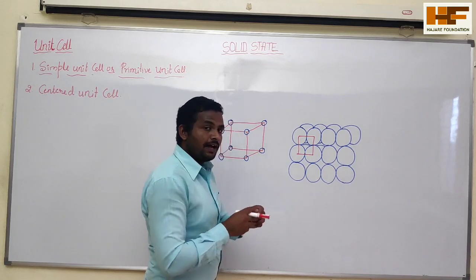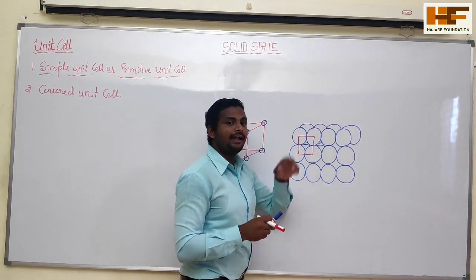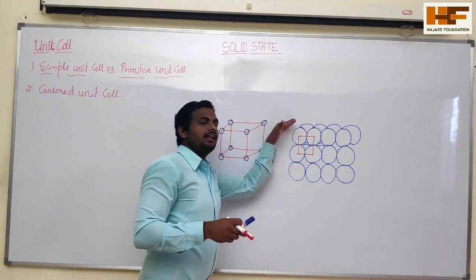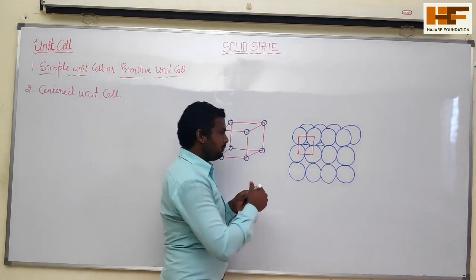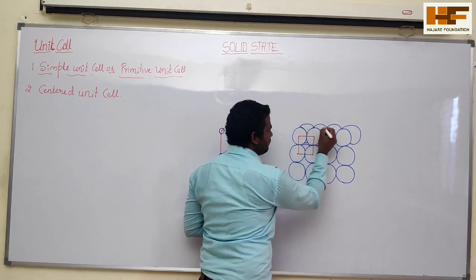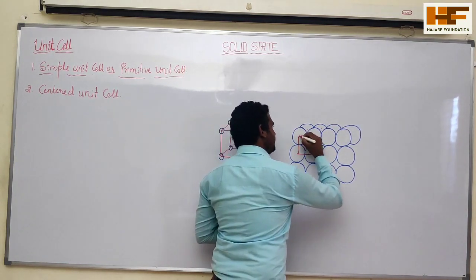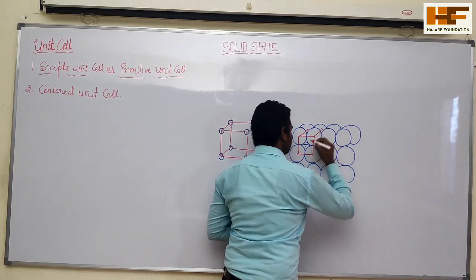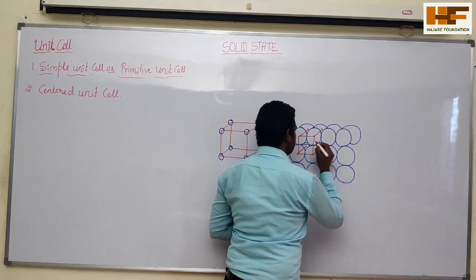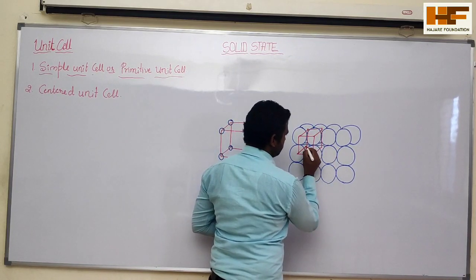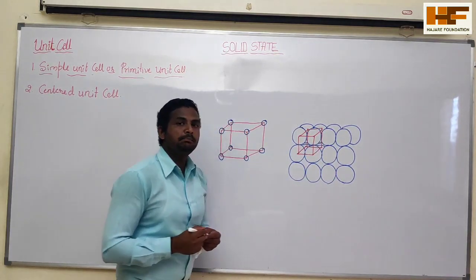If I consider the center of that behind atom, this is the first line and this is the second neighboring line, the backside line. Suppose I consider the lattice point of that one, assume it's here. If I join those lattice points, I'll get a simple cube here.